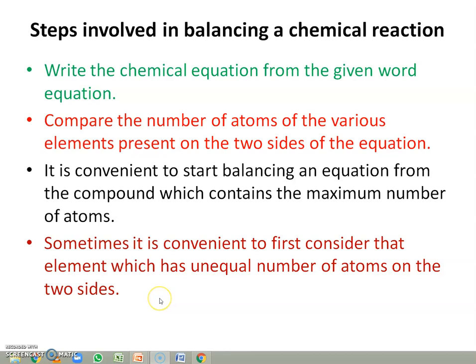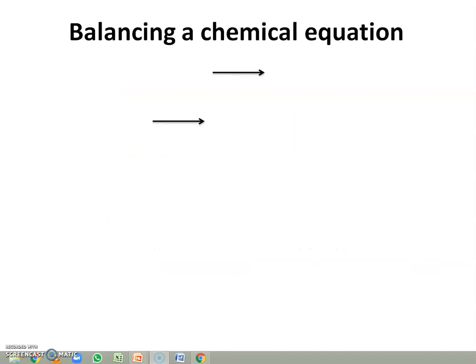And the last point is, sometimes it is convenient to first consider that element which has an equal number of atoms on the two sides. Whenever we have to balance a chemical equation or chemical reaction, we have to follow these rules. In the next slide, we will try to balance a chemical equation.